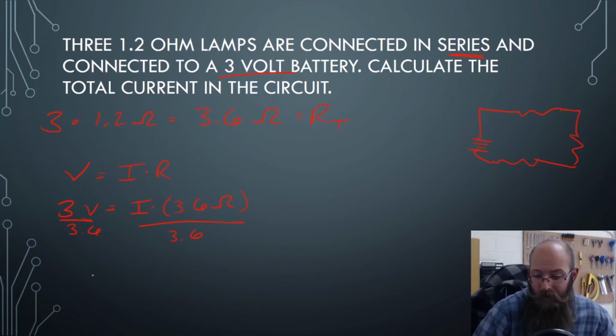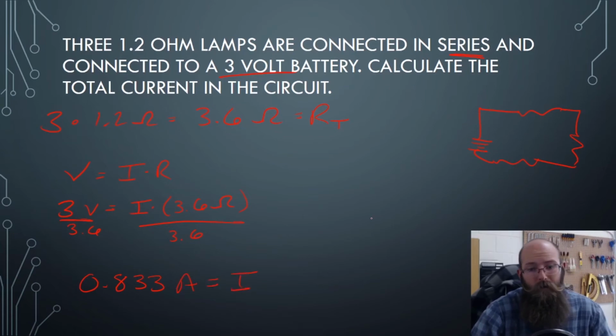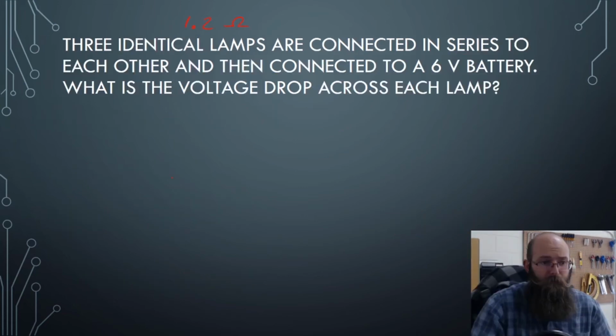That ends up being 0.833, and then the 3 repeats, but I'm not going to worry about that so much, because again, engineering, we don't really care about that stuff. Equals my current, and I should actually put my amps in there. So that's amps, equals I. That could also be 833 milliamps, in case you're curious. Let's go on to the next one now, shall we?